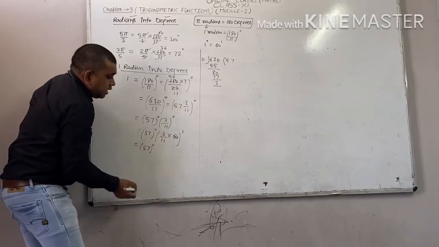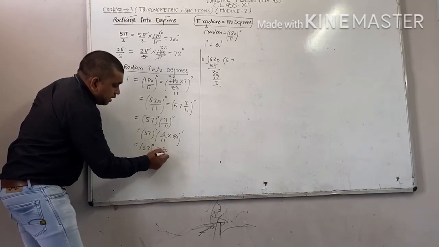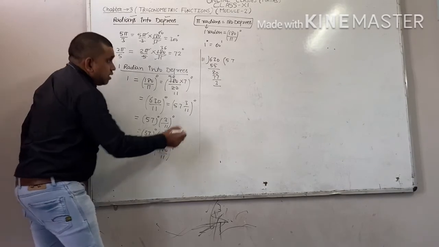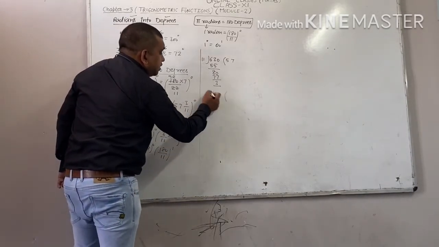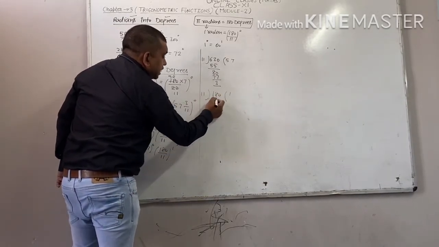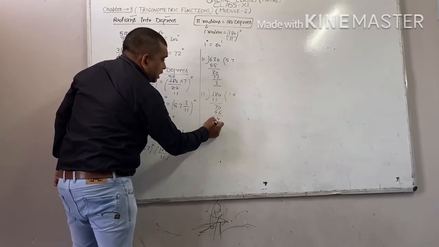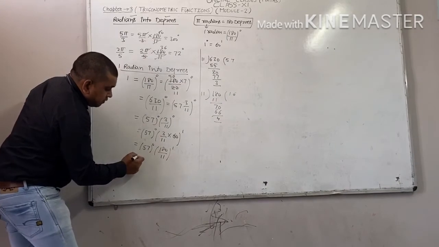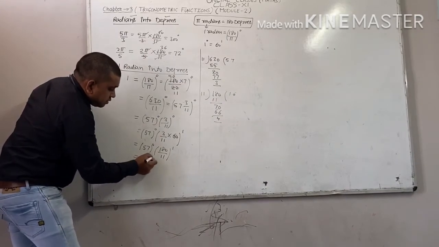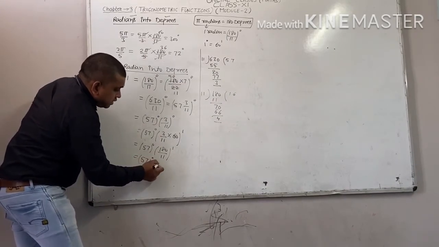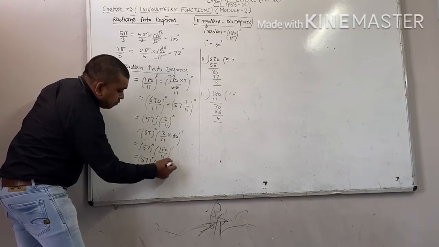This is your 180 upon 11 minutes. Now divide 180 by 11. What you will get? 11 1 is 11, 7 0, 11 6 66, 4. You will get 57 degrees 16 4 by 11 minutes.